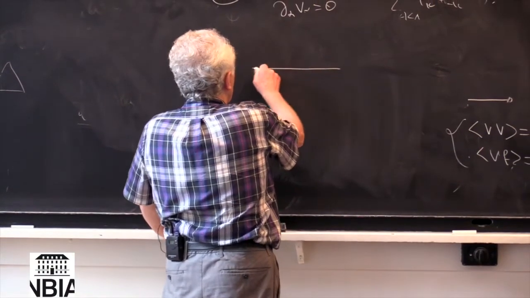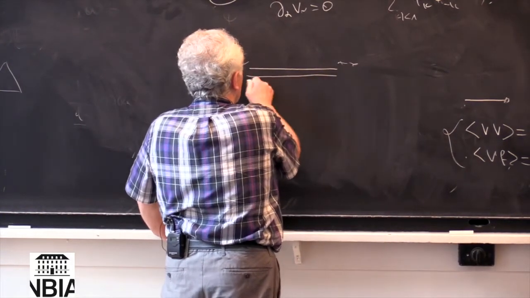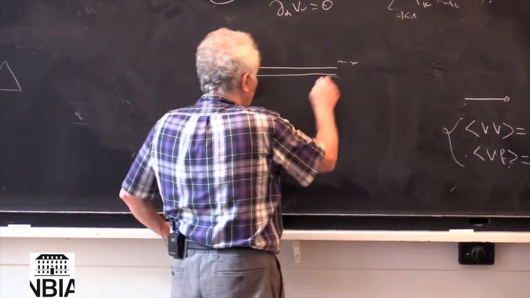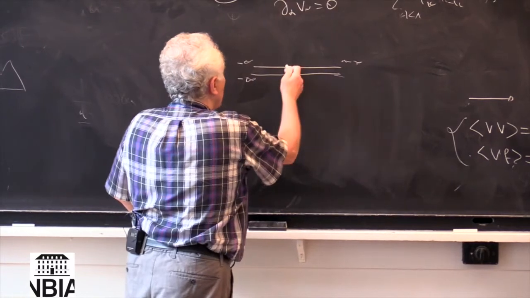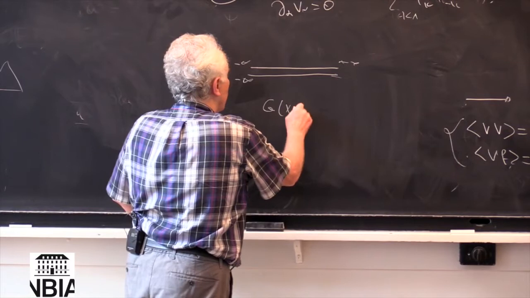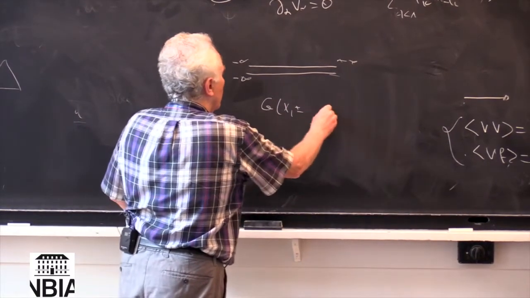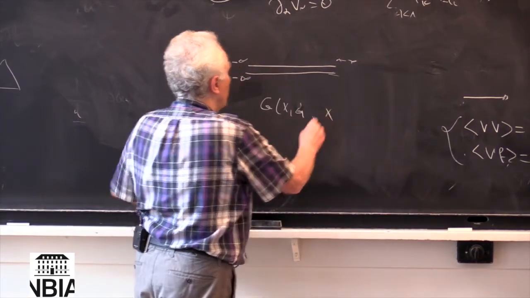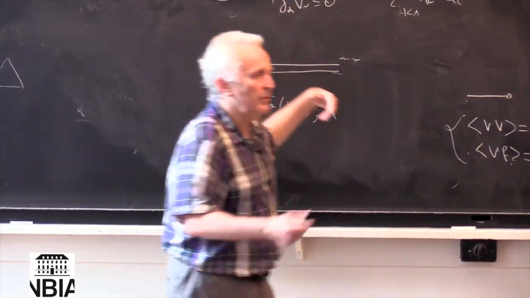You have propagation in time from minus infinity to plus infinity, and from plus infinity to minus infinity, and so as a result the time is double valued, and the Green functions there depend not only on the space-time point, but also on an Ising-like variable, plus or minus, which tells you whether you are propagating to the future or to the past.